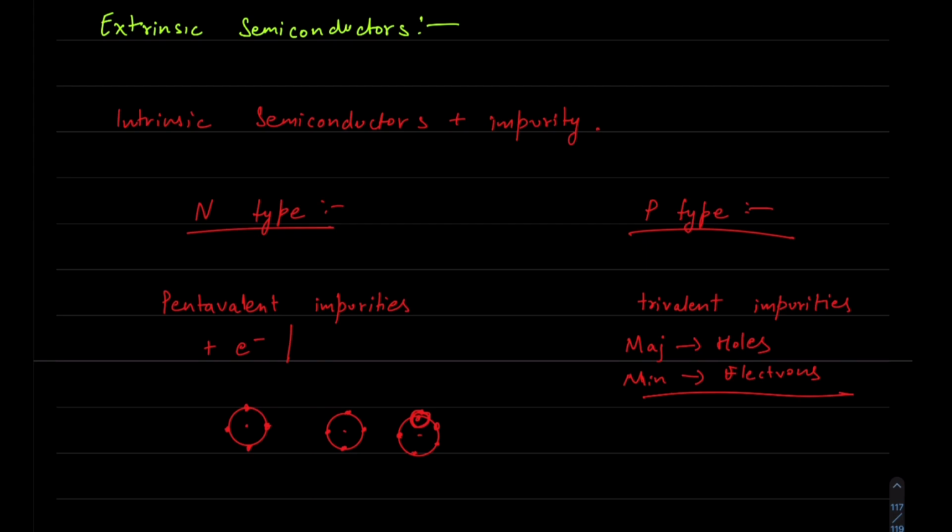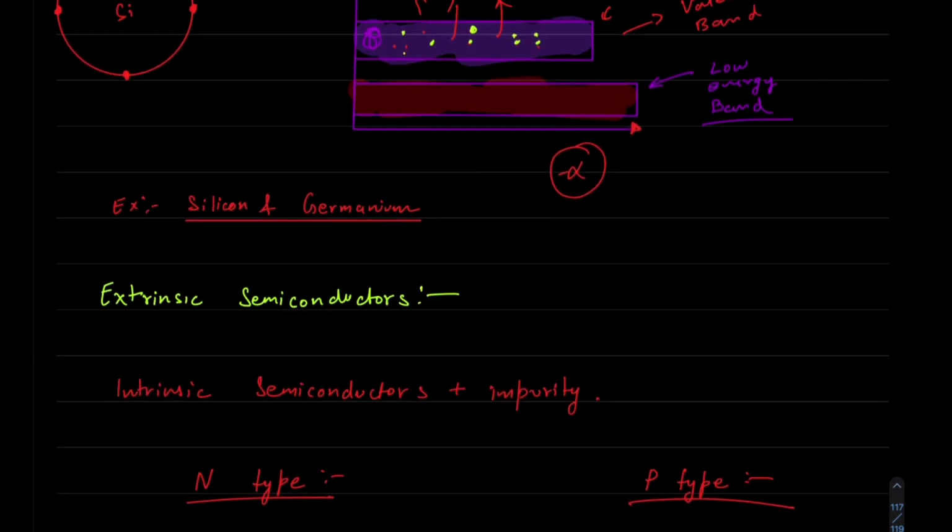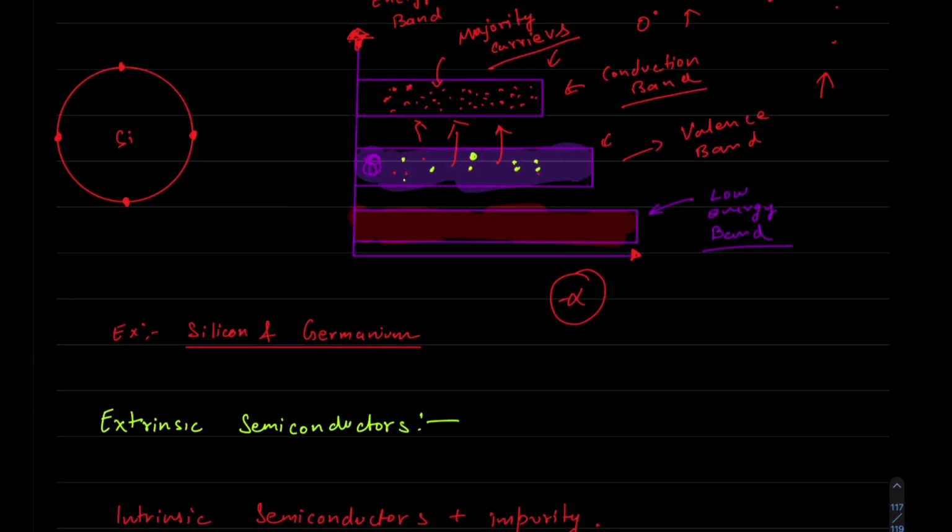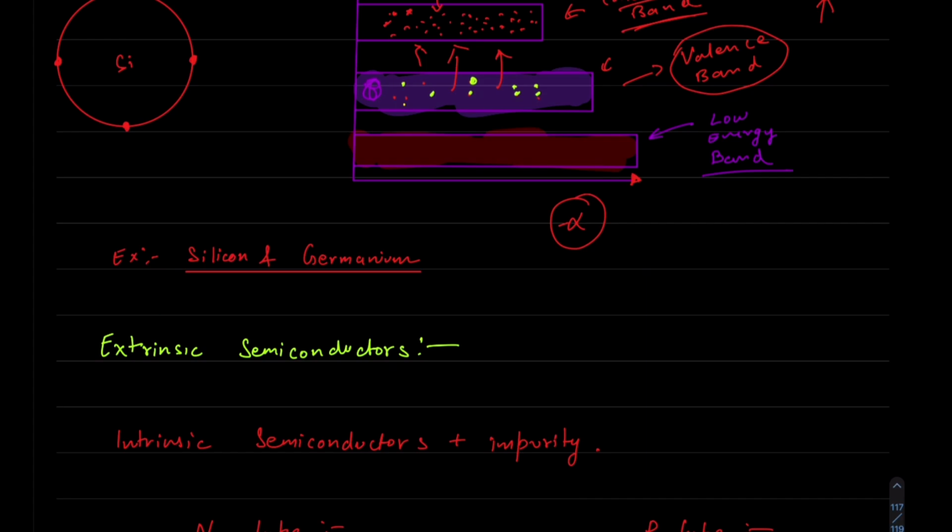Generally, it's much easier for charges to move in the conduction band than in the valence band, so n-type semiconductors are over 2 times as conductive as p-type semiconductors, right?